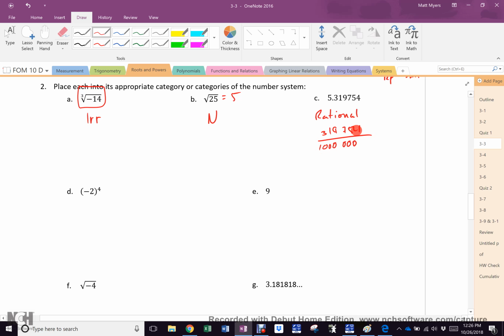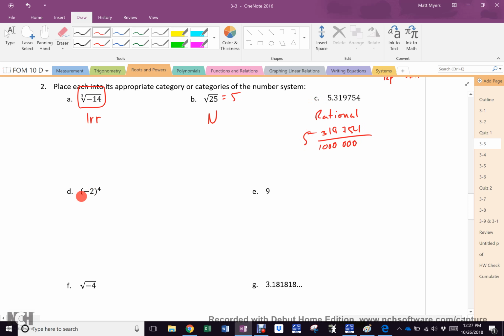It's 319,754 millionths. Yes, and of course a 5 in front, to cover the 5. So it's really 5,319,754 millionths. Yes, good.